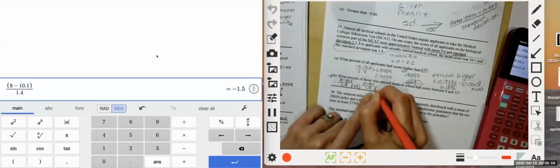And the 11 is, well, here, let me write this one down. This one is negative 1.5, and this one is 0.6429.